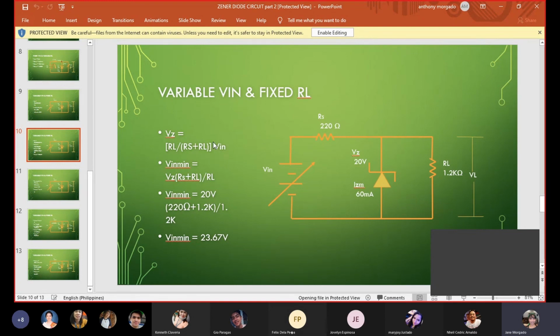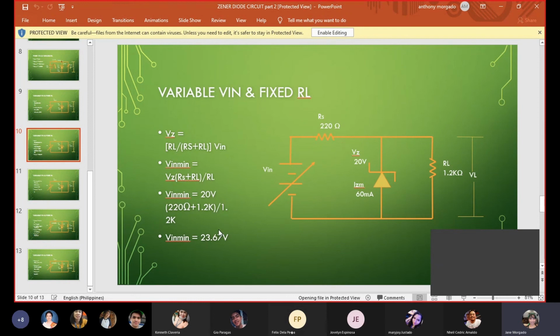The minimum input would be equal to VC times RS plus RL over RL. We just swap them: the denominator becomes the numerator, and the numerator becomes the denominator.